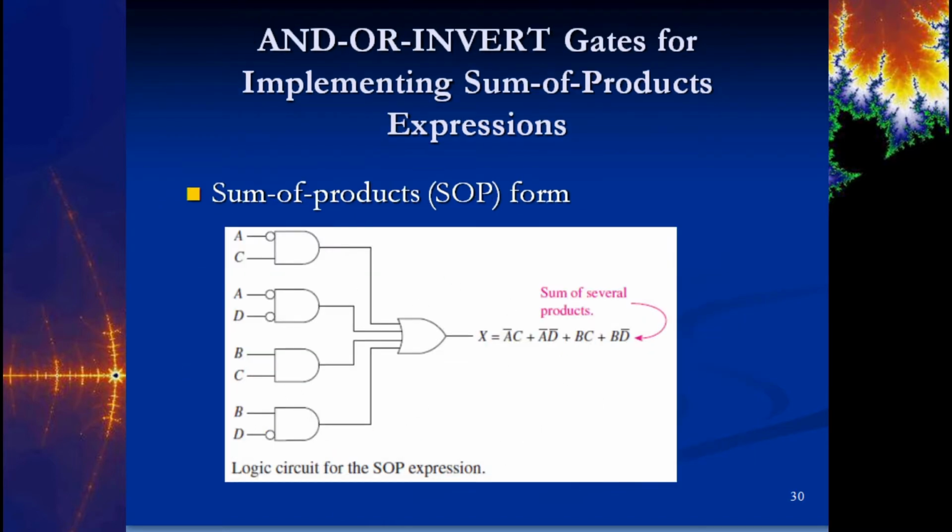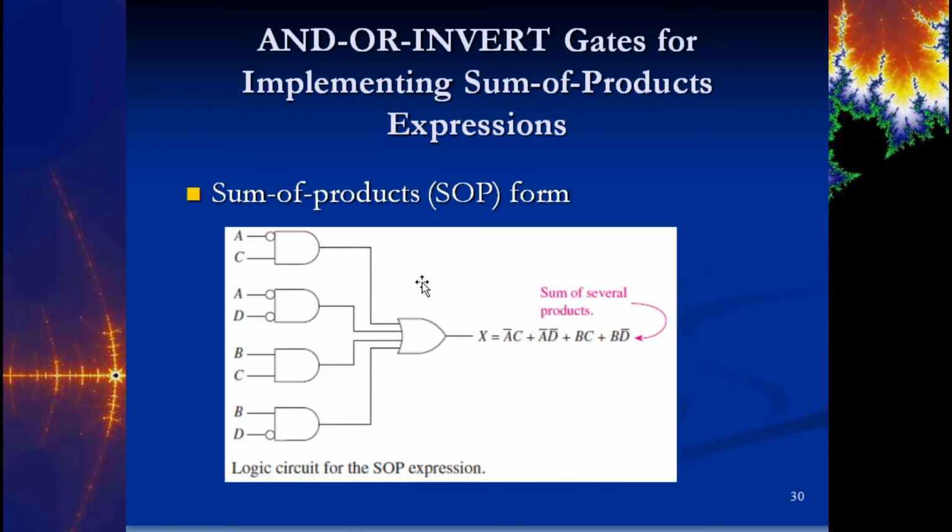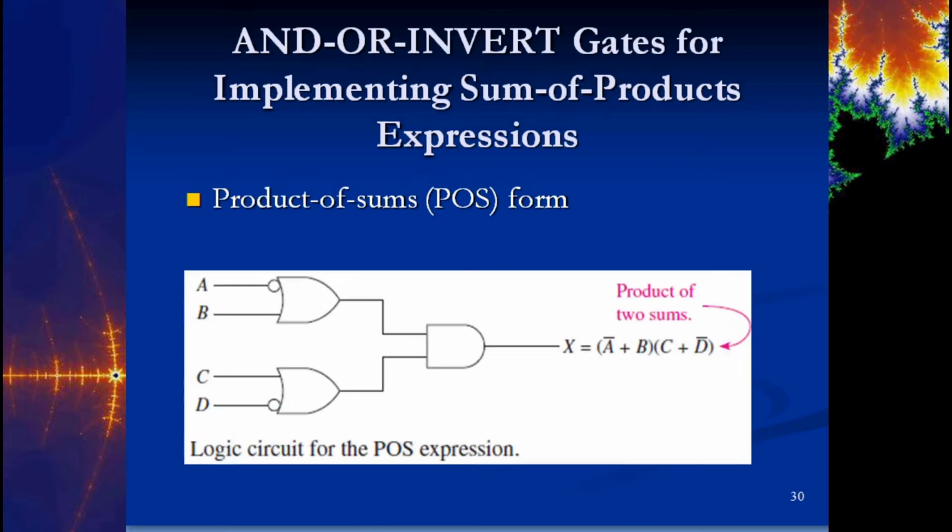Now, in this case, you can see that we have sort of gotten away with some fewer gates, but we're also in a little bit different format here that might not lend itself to what we're about to do very well. So we want to get it into sum of products form before we do our K-maps, and it'll make everything so much easier. So you can see here we're using 1, 2, 3, 4, 5 gates, as opposed to in this situation we had 3.